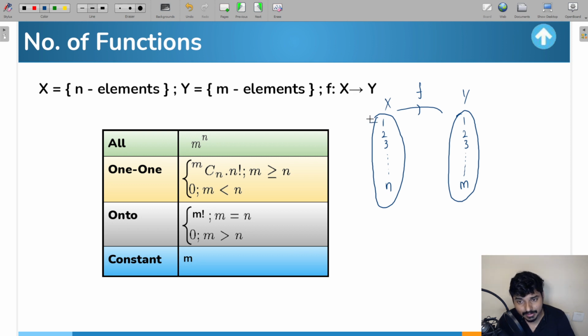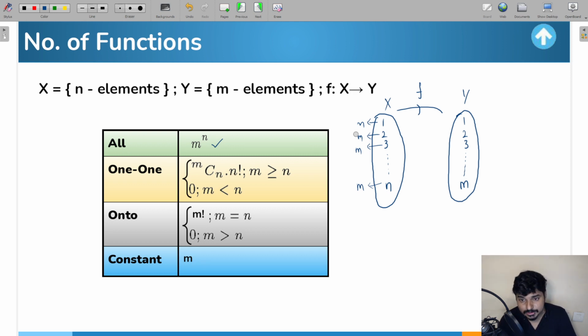That can be done in m ways. Element 2 can again get related to any element of set y in m ways. 3 can also have m ways to get related to. In the similar way, the nth element also has m ways. So if you want to calculate the total number of functions, all you have to do is multiply m, n number of times, and that would give you m raised to n. That is how you calculate the total number of functions.